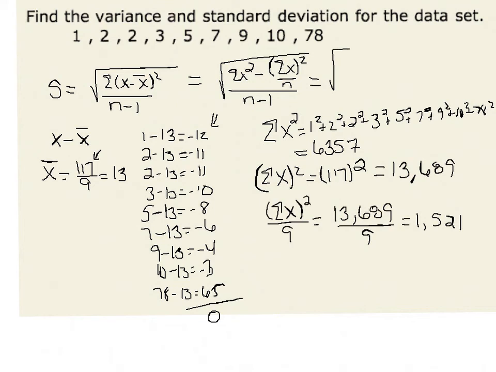Our standard deviation is given by the square root of the sum of our x values squared, which is 6,357, minus the sum of our x values all squared divided by n, which we saw was 1,521.